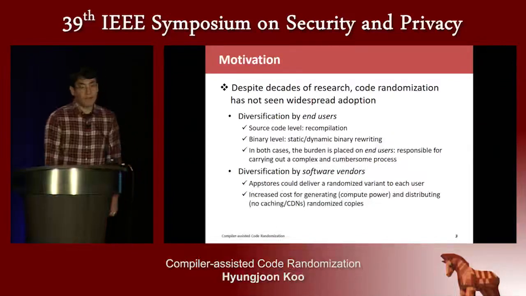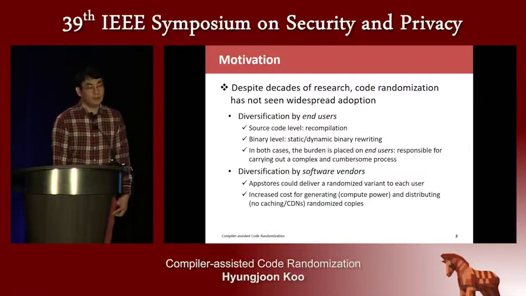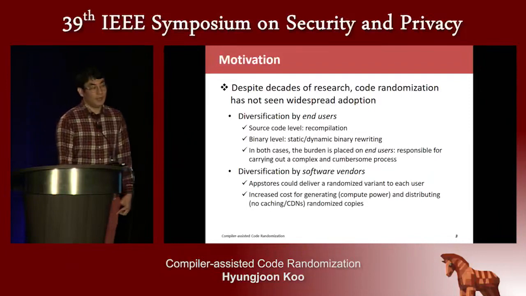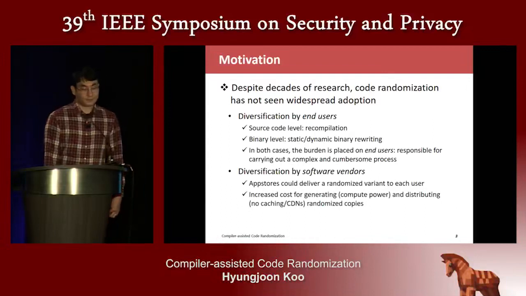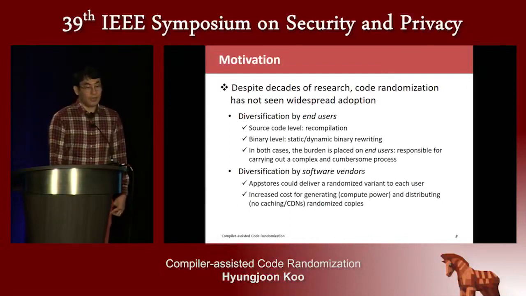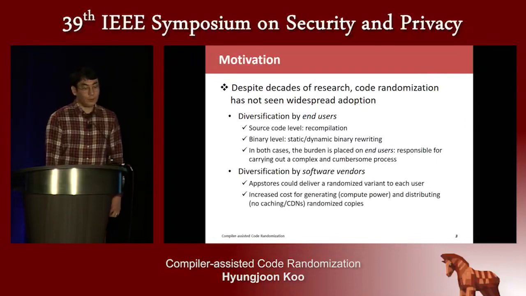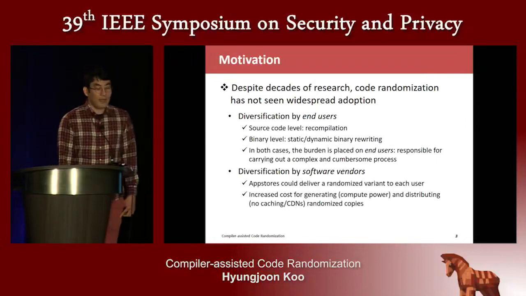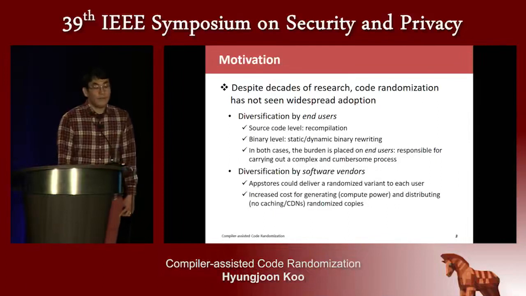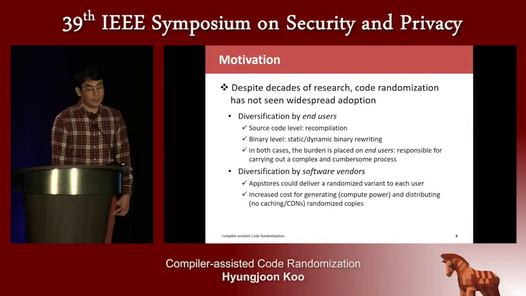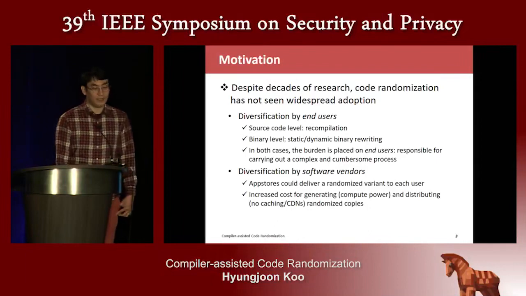Decades of research have shown the effectiveness of code randomization, but it has not been widely adopted until today by any software vendor. Code randomization techniques from prior works can be done by either end users or software vendors. End users can recompile the source code, or they could rewrite the binary with static analysis or dynamic analysis.